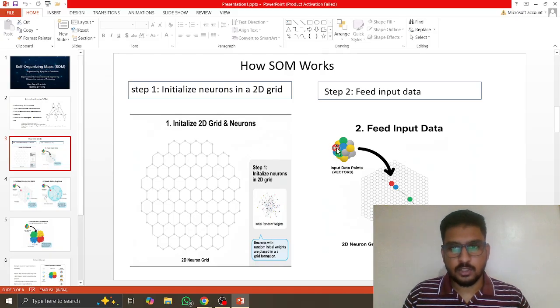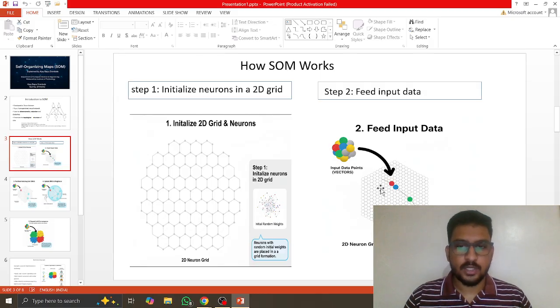In step 2, we provide input data points to that 2D grid structure, one by one, and it will match each data point, meaning we have to find the BMU, the best matching unit.